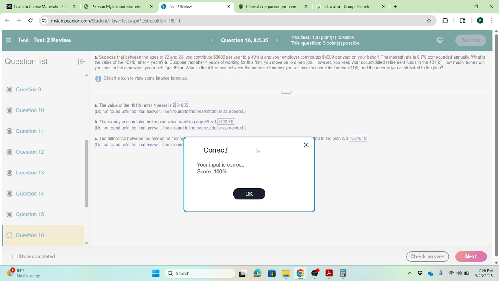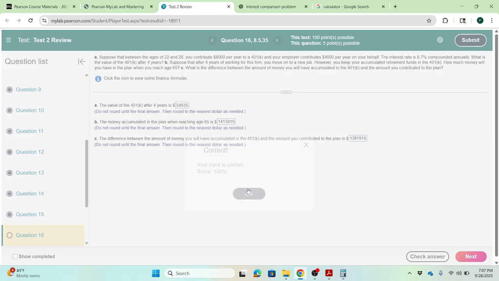Okay, that's 100% right. So look, in part C, what is the difference between the amount of money you will have accumulated in the 401k and the amount you contributed? So you contributed, not your employer. That was the confusing part here. After this point, they are not talking about the employer, just your contribution.